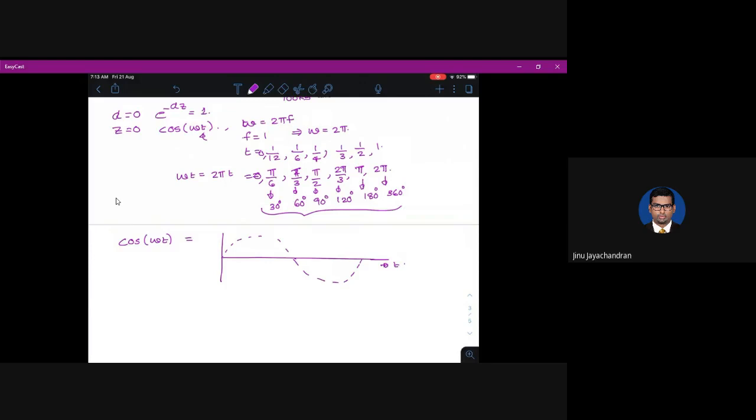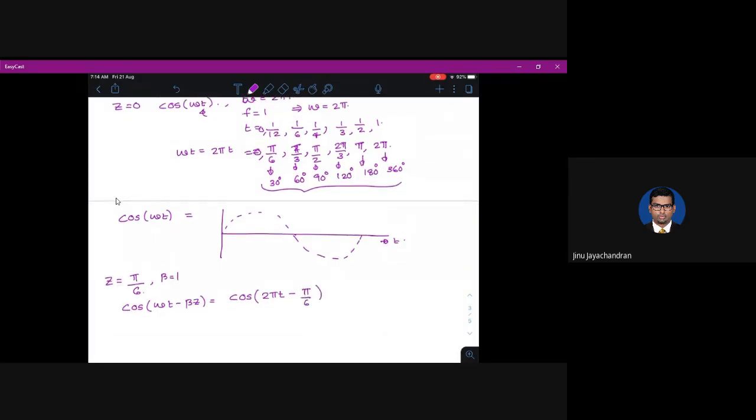Let's take now z equal to pi by 6, and beta equal to 1. So cos of omega t minus beta z will be cos of 2 pi t minus pi by 6.